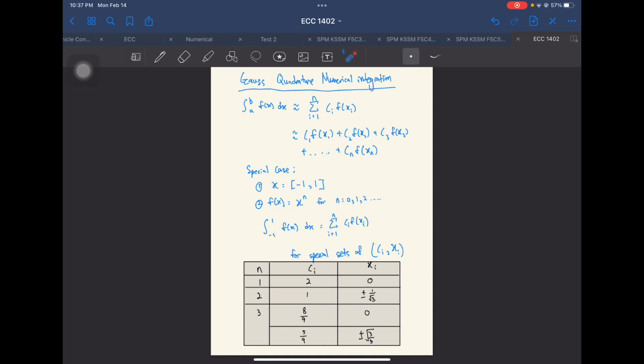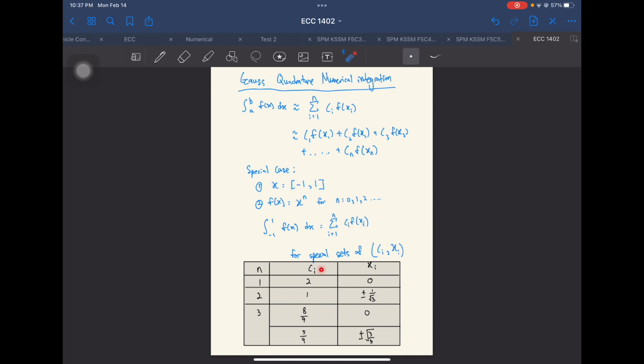So an example is given by this table, where you can just sub this ci and xi into it and get the exact function inside that. Okay, so when n equals 1, meaning 1 point is chosen, there's only one set of c and x here.